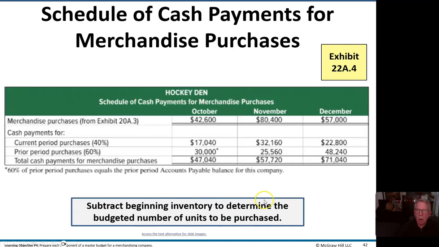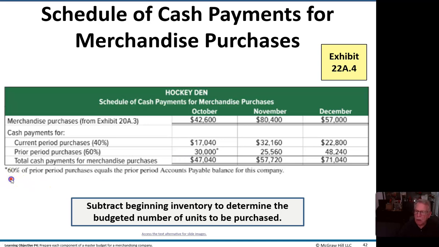Okay, now scheduling of cash payments, we're going to do similarly to the way we did the manufacturing budget. We'll start with our purchases here. We have our current period purchases. We look to our prior period purchases, and that's going to give us the cash payments for merchandise purchases.